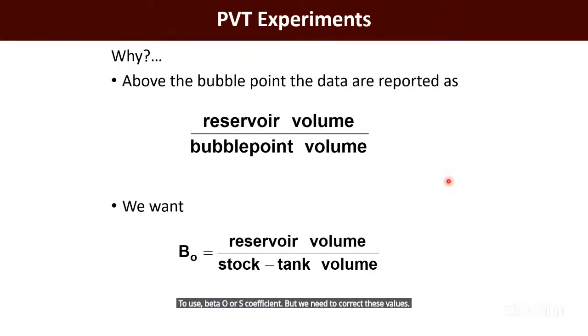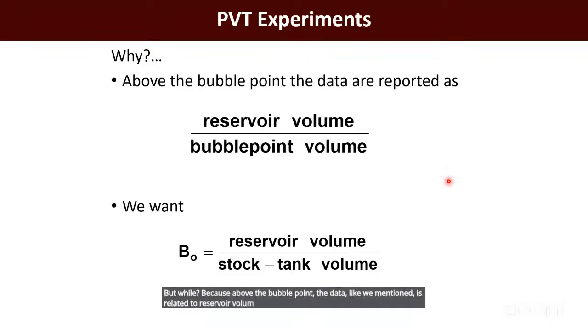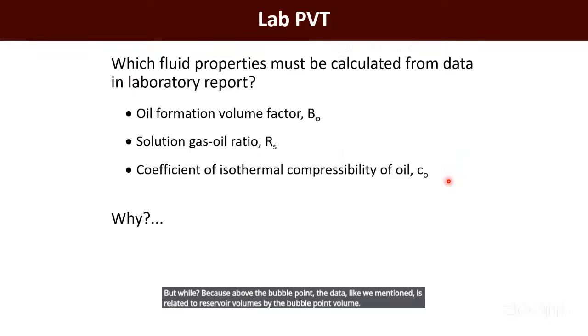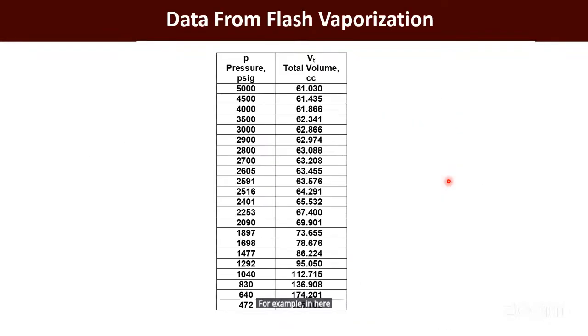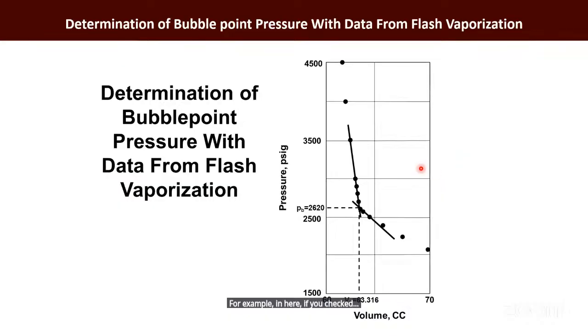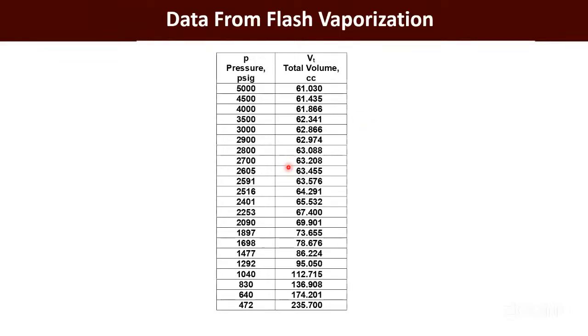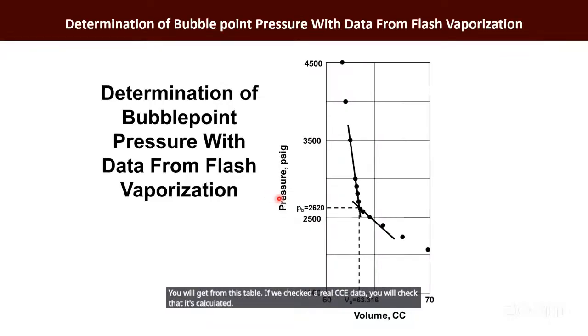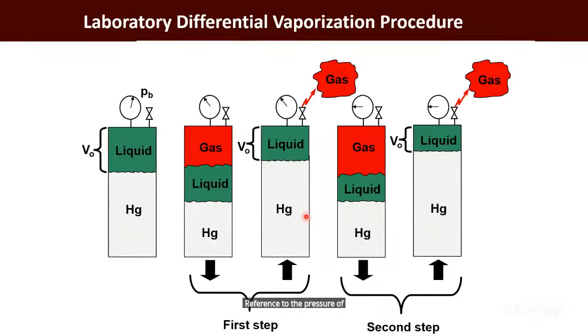But why? Because above the bubble point, the data, like we mentioned, is related to reservoir volumes by the bubble point volume. For example, if you check a real CCE data, you will see that the relative volume is calculated in reference to the pressure of 2620.